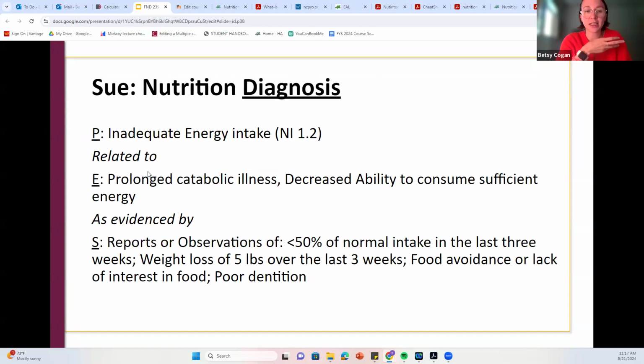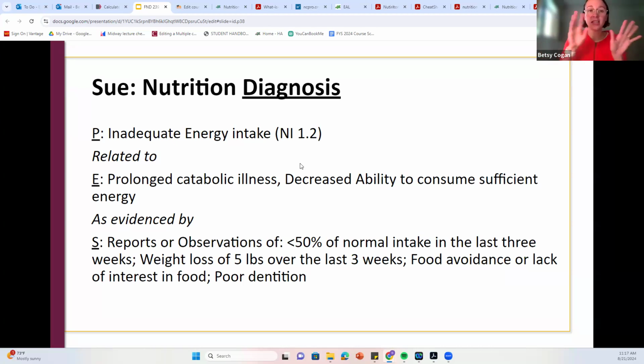When writing our PES statement then for Sue, we take inadequate energy intake, which is a diagnostic term straight from the terminology sheet. Notice that we have the identifier code included in our PES statement. So inadequate energy intake, which is in the category of nutritional intake 1.2.